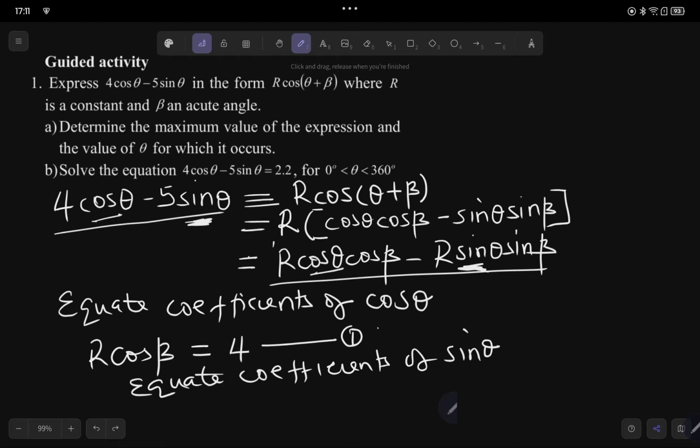So you'll have 5 is equal to r sin beta; I'm just dropping the negative because it is on both sides. Call this equation number 2. Now we shall play with these two equations, 1 and 2, to get the value of r and the value of beta.